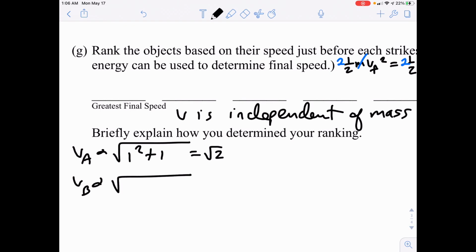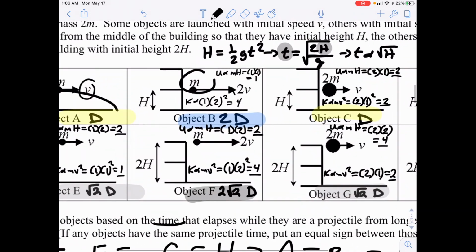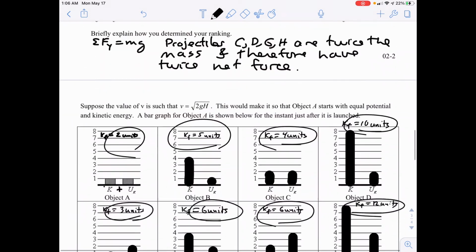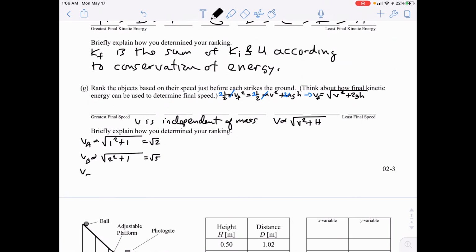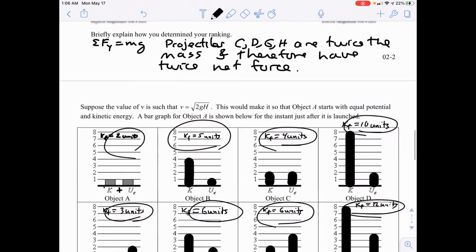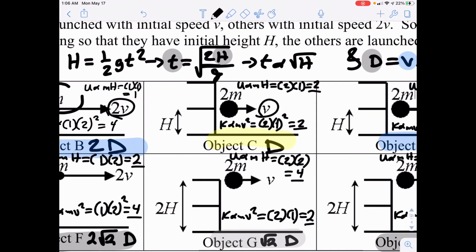Now for B, we have 2 velocity units, 1 height unit. So 2 squared plus 1 would be 4 plus 1, square root of 5. For C, I've got 1 velocity unit, 1 height unit.